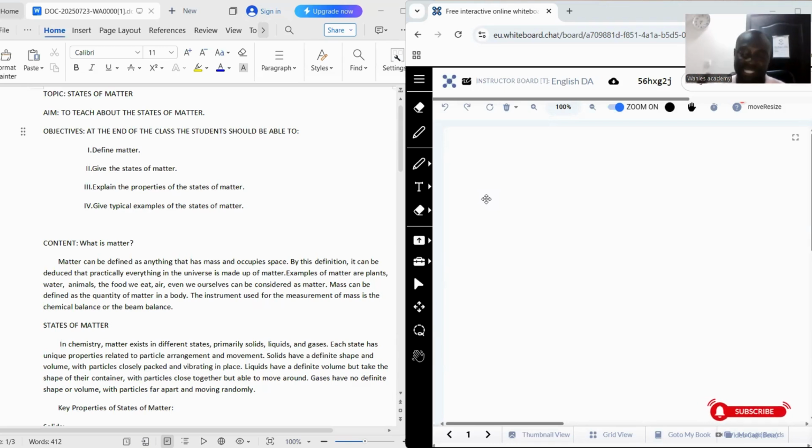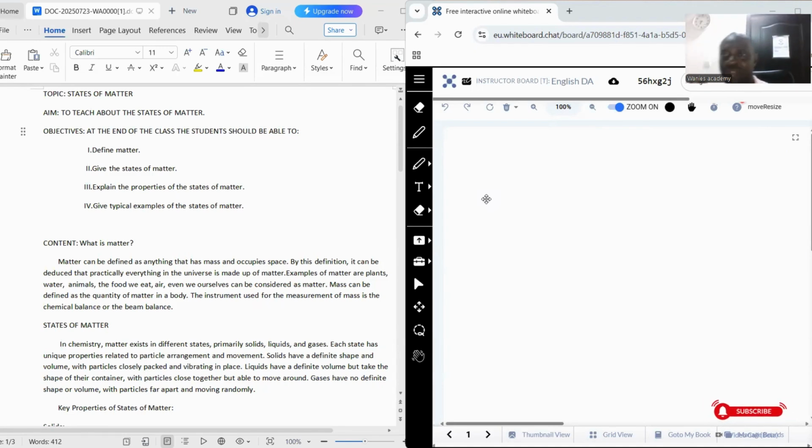Gravity is also another example of a thing that can't be considered as matter. So gravity is not matter. However, most things around us in the universe can be considered as matter because they have mass and occupy space.